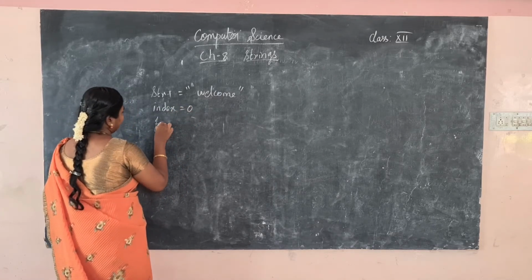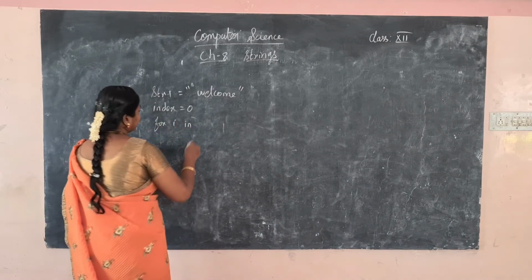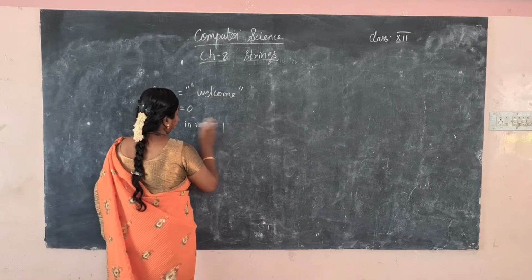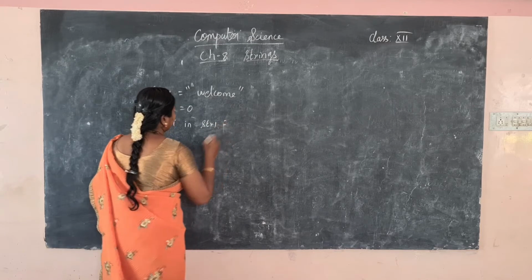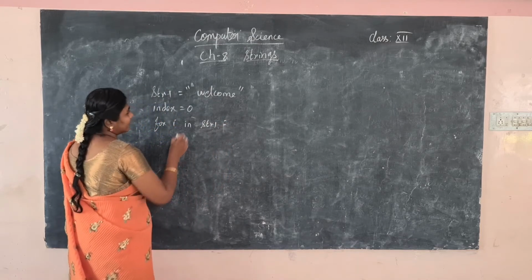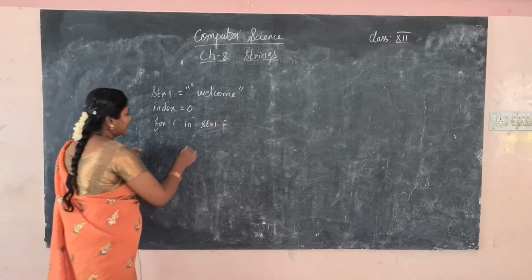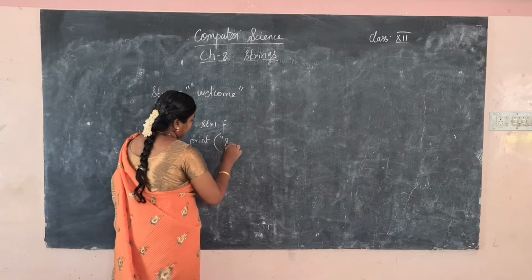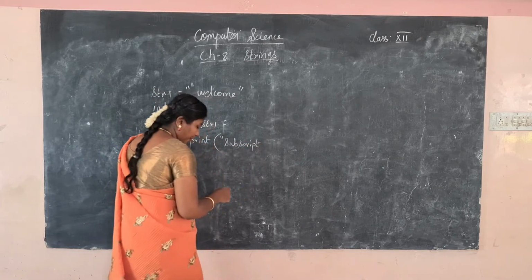Then I am having a for loop: for I in string 1, colon. Then I am going to print WELCOME with the positive subscript values. So print "subscript". This is the program given in your book.